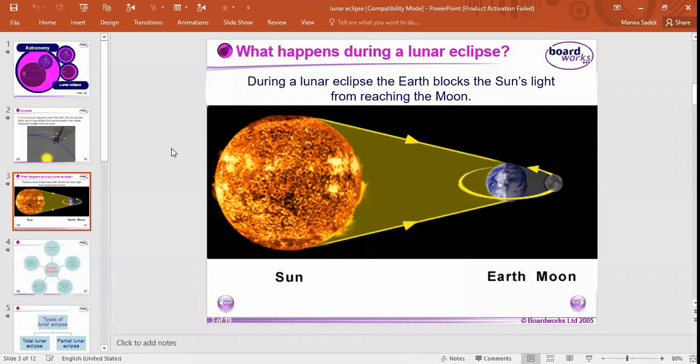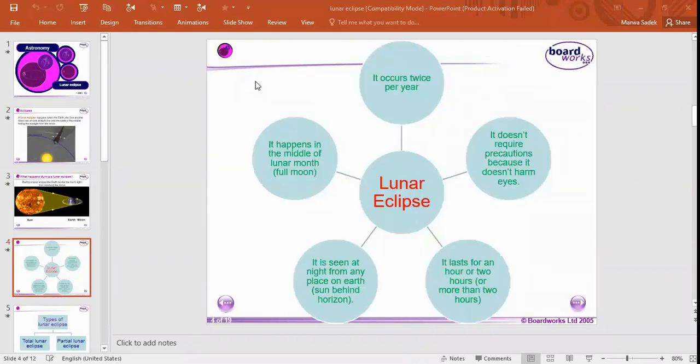More information about the lunar eclipse. It happens twice per year. It doesn't require any precautions because it doesn't harm eyes. It happens in the middle of the lunar months when the moon is a full moon.